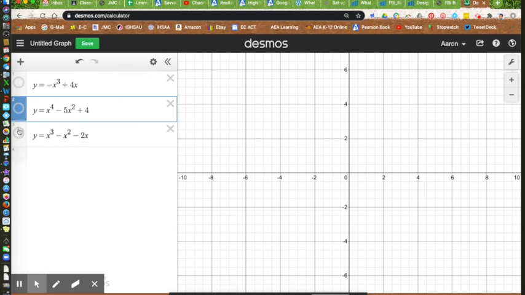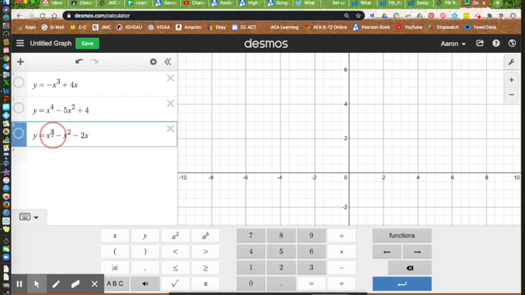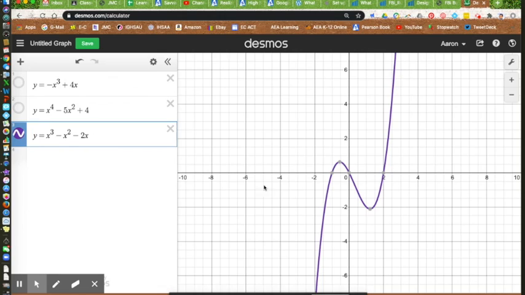The last one I've got here on Desmos is a cubic. So I would expect 3 solutions, 2 turning points, and since the number in front is a positive 1, should be down on the left, up on the right. So I turn this on and notice it's down on the left. So it is increasing until it hits this relative maximum, decreasing until it hits this relative minimum, and then increasing again.